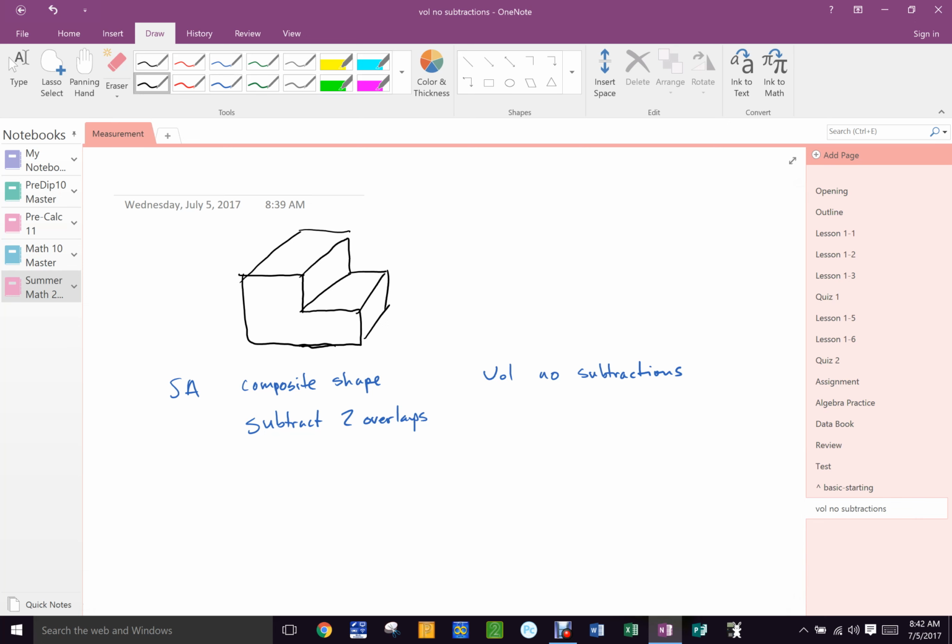What if I told you this was 4 and these two were the same? That was 8 and that was 6. Could you do that now? What would you do?